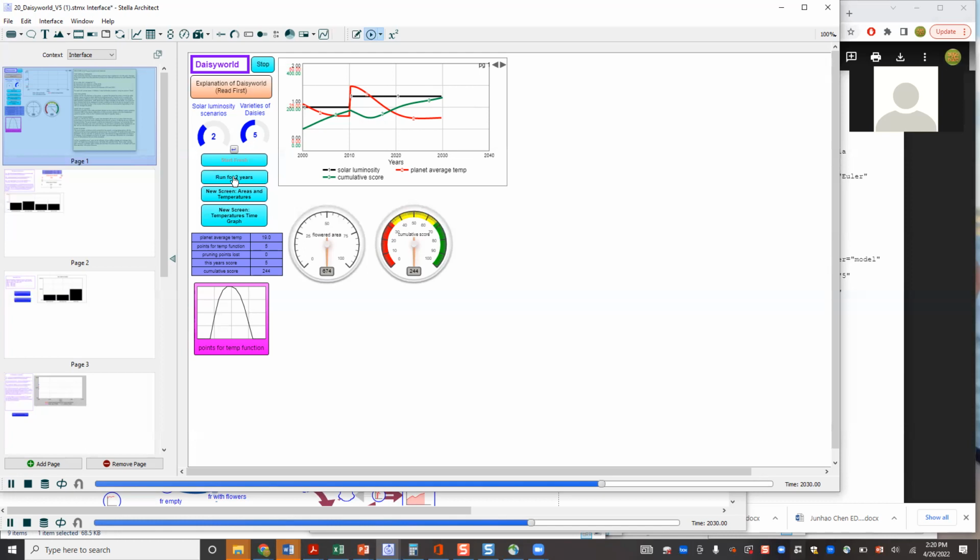Immediately, if I took this planet and I had a constant amount of light energy coming in, and I increase the amount of white daisies and I decrease the amount of black daisies, what would happen to the amount of heat energy absorbed? I've got a lot more white surface on the planet. How much of that is it going to absorb, more or less of that incoming radiation? Less, exactly.